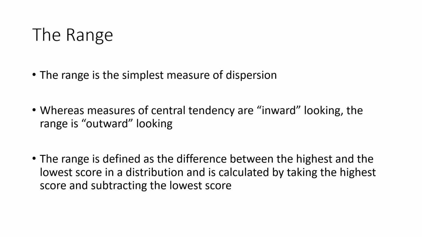So if you've set up your scores from the lowest score in a distribution to the highest, then you simply take each score at the extremes of the distribution and subtract the highest score from the lowest score. So you take the highest score in a distribution of scores, whatever that number is, and you subtract it from the lowest score in a distribution of scores, whatever that number is, and you will end up with the range.